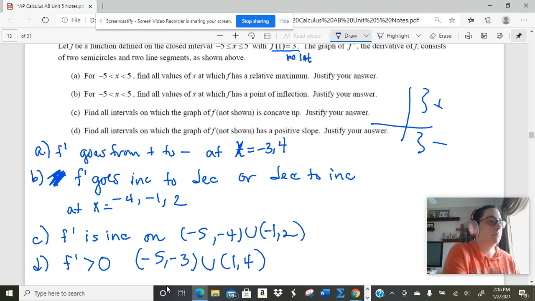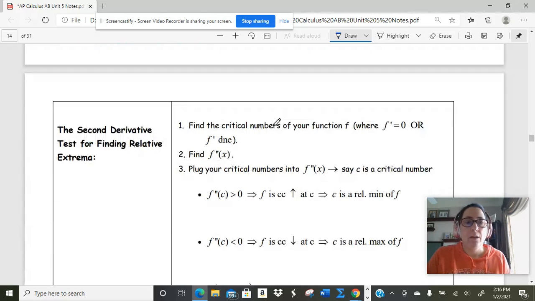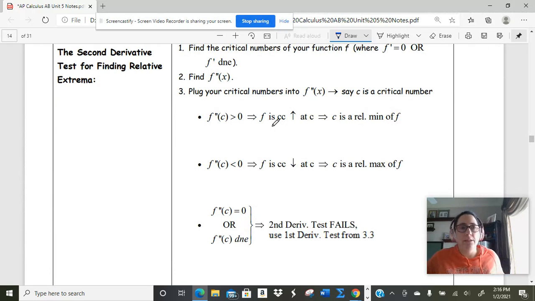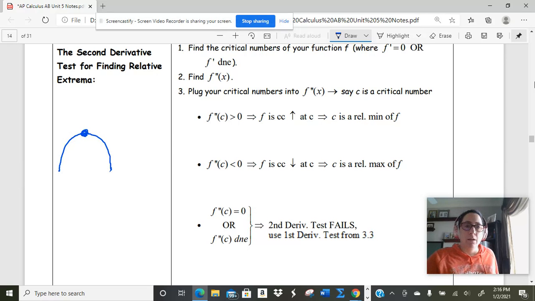Okay, so the next thing I want to talk about is the second derivative test. Way back, remember when we talked about relative extrema? Now we can use the second derivative to help with that as well. If I have a critical number, and I know that the graph is concave down, then what does that critical number have to be?